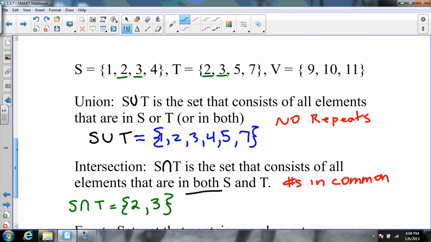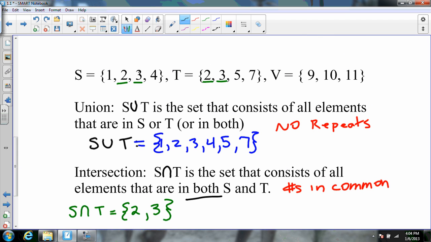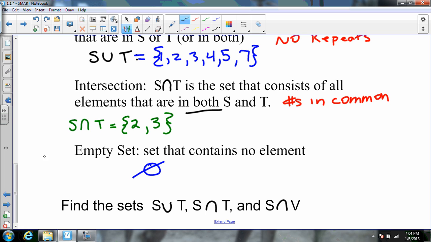So we go back up. So S has 1, 2, 3, 4. V doesn't have any in common with it, as it's 9, 10, 11. So how we write it, we have S intersect V equals the empty set.